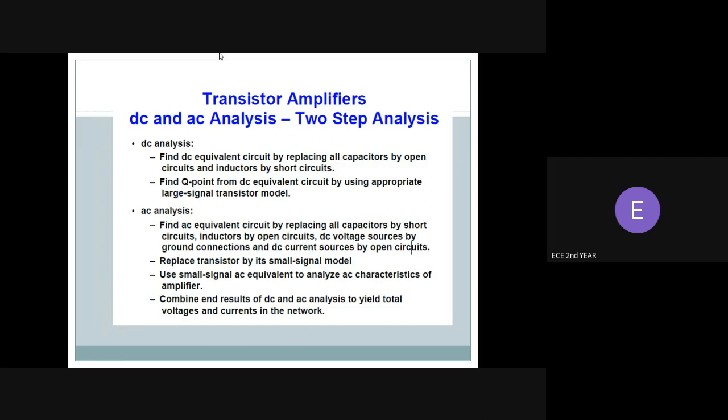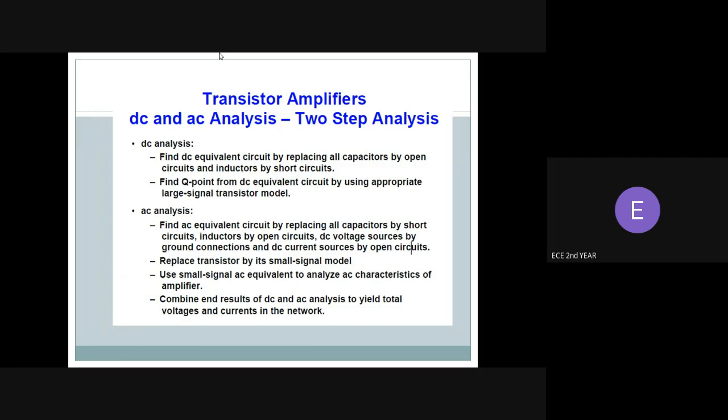DC analysis: find the DC equivalent circuit by replacing all capacitors by open circuits and inductors by short circuits. Find the Q point for the DC equivalent circuit by using the appropriate large-signal transistor model. AC analysis: find the AC equivalent circuit by replacing all capacitors by short circuits, inductors by open circuits, DC voltage sources by ground connections and DC current sources by open circuits.